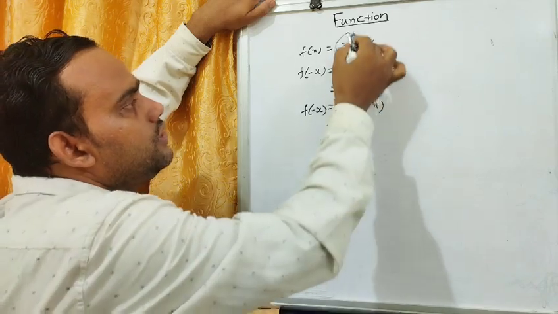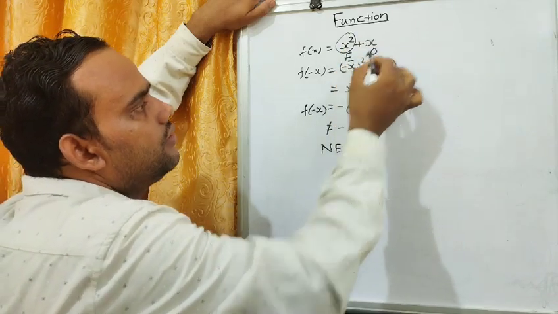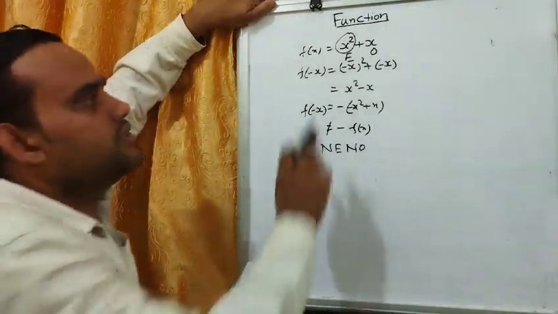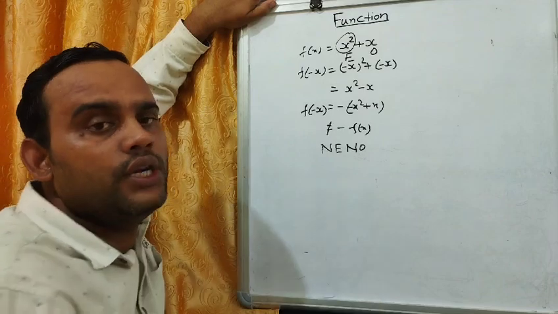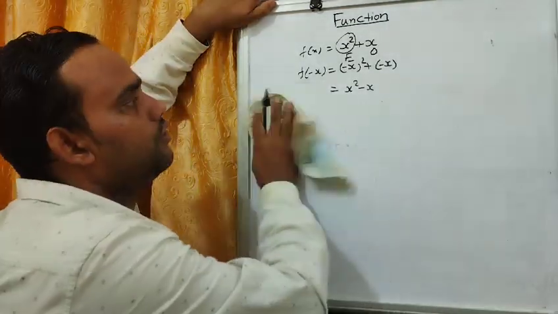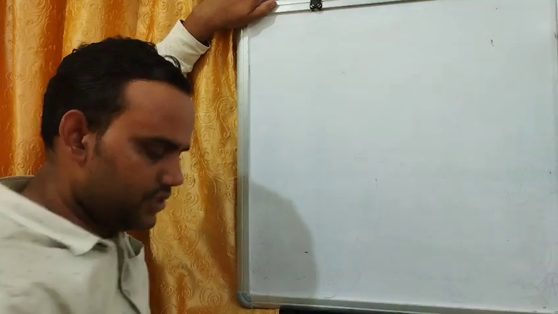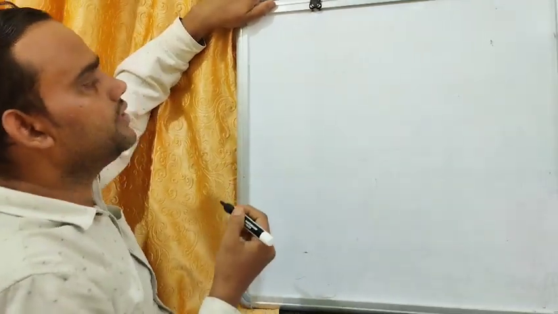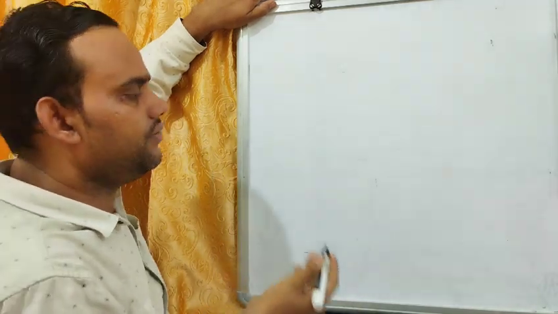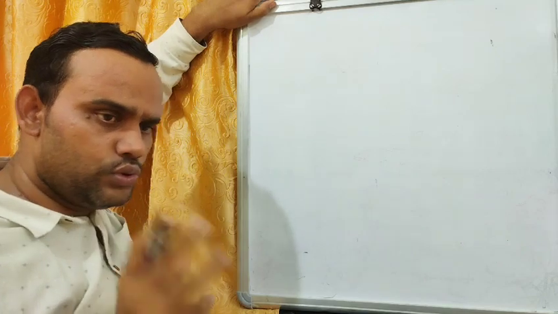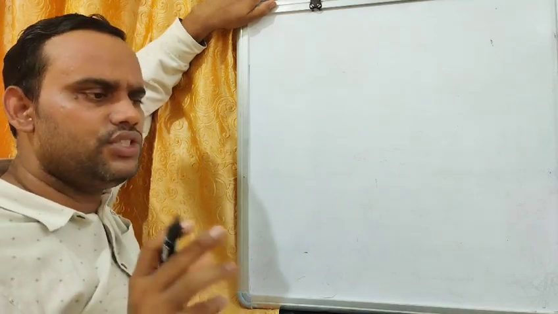So this is an even function and this is an odd function, and the sum of two different functions, even and odd, is nano, neither even nor odd. Based on that, I will draw the table of two functions. For example, I consider two functions, f of x and g of x.